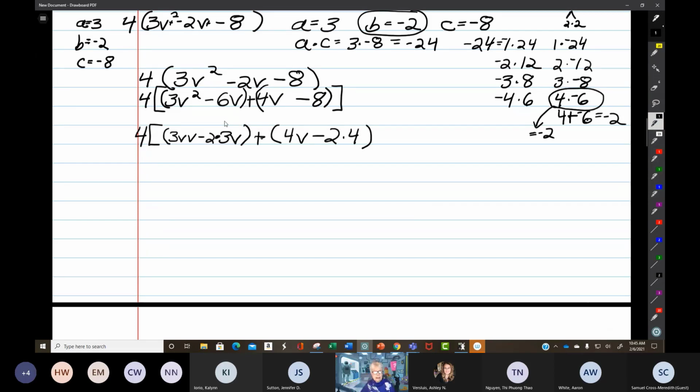I do the first set of parentheses first. A 3v and a 3v. 3v is going to be the GCF of these 2 terms. So I'm going to have 4, pull out the 3v, and what I'm left with here, hello George, is v minus 2.